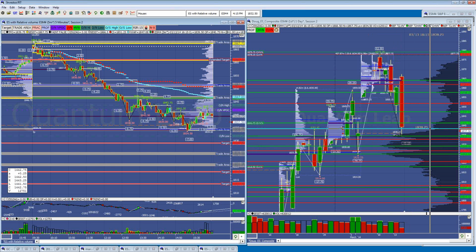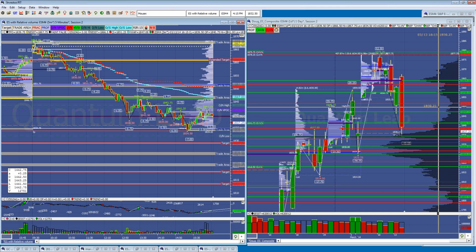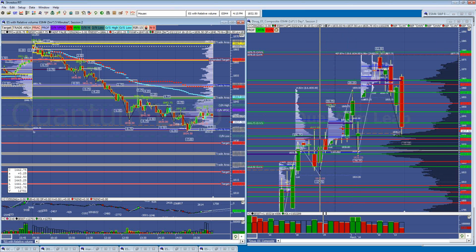But if we can hold above this, then I'd be looking for them to push to 43, and above that 47 with the key area being this 52 area. And I think we'd see some responsive sellers stepping in there to hold us down and get us back into this distribution zone that we're in between the 14th and the 3rd.